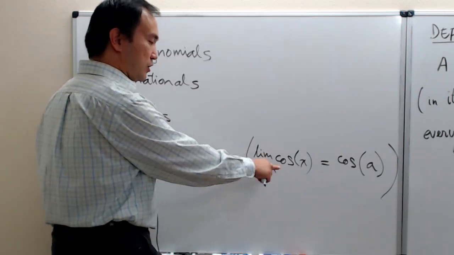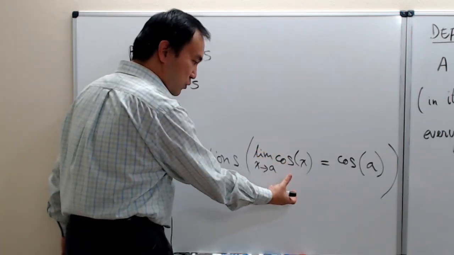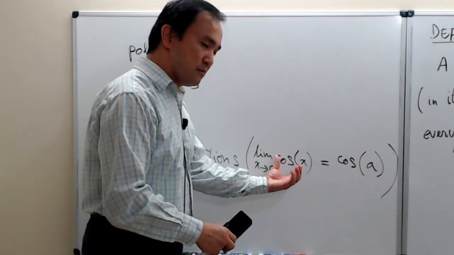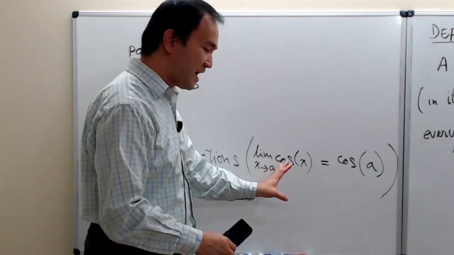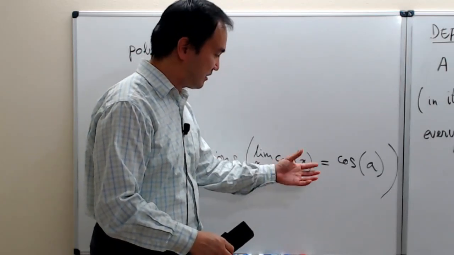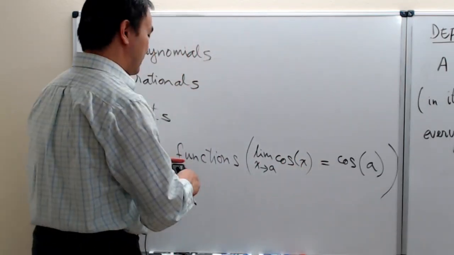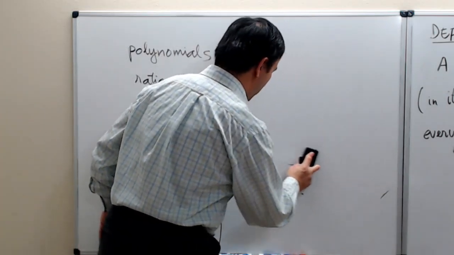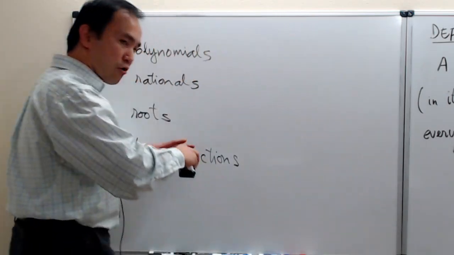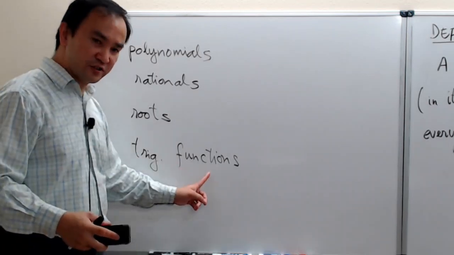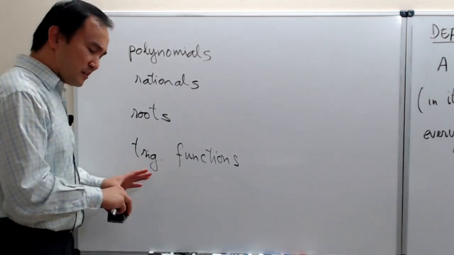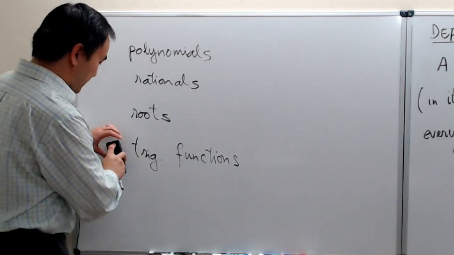That also serves as a brief explanation for why cosine is a continuous function. And so generally we can extend that concept and understand that trig functions are in general continuous as well.